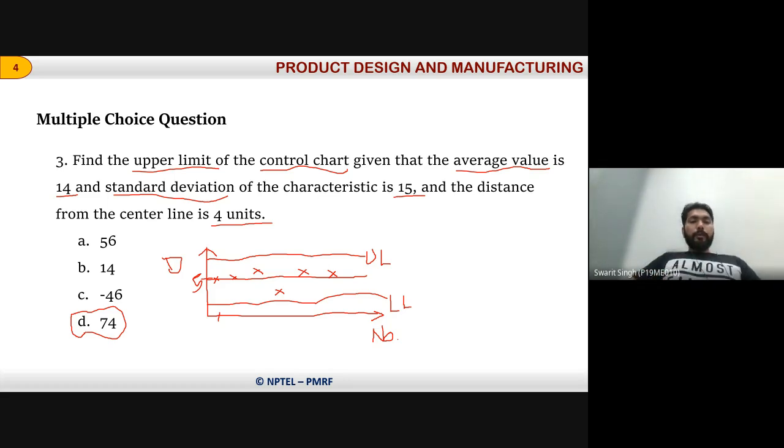The important terms that we need to verify are these terms. We have to calculate the upper limit of a control chart, where the average value is 14, the standard deviation of the characteristic is 15, and the distance from the center line is 4 units. I expect more answers because many of you are here.